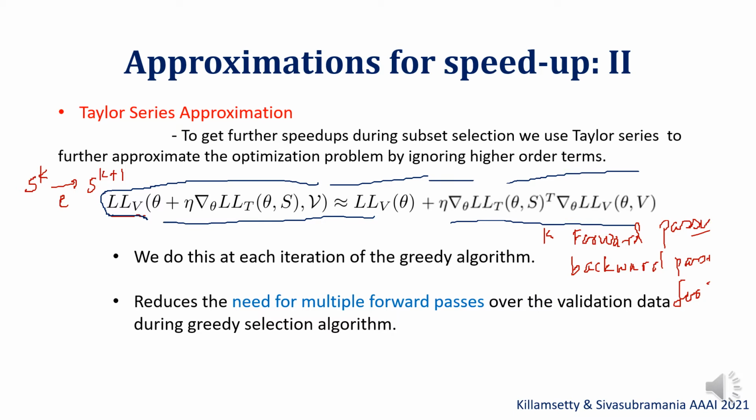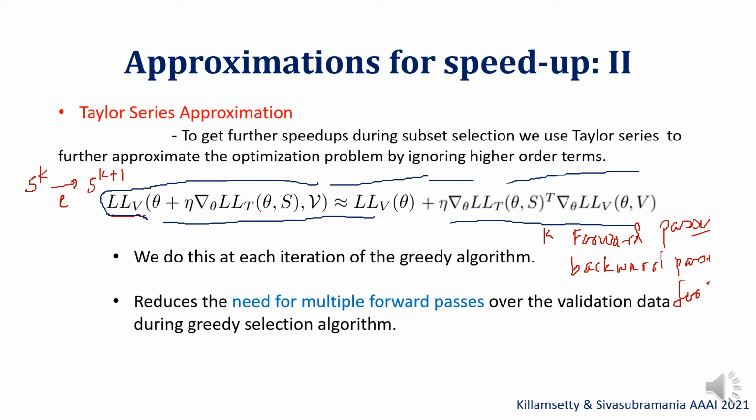We have restricted ourselves to LLV at theta plus the dot product between the gradient of LLV at theta and the second component of the argument. So this dot product is going to be interesting going forward. We have already seen that alignment between the validation and training data sets can be very important in general, and we're going to see that in our convergence proof.